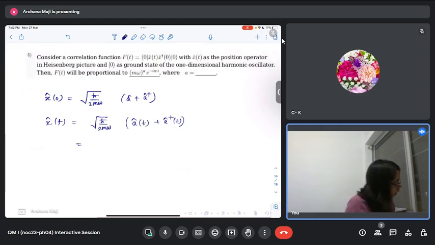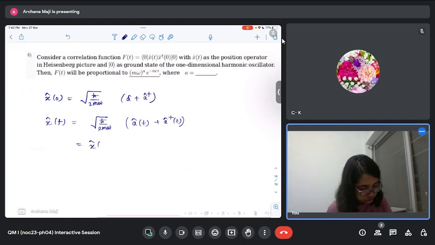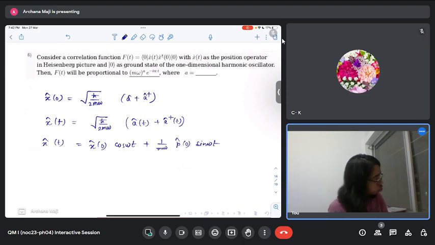If you replace that a and a dagger, we obtained x0 cos omega t plus 1 over m omega p0 sin omega t. So this was x of t. Go back and check if you don't remember. p of t is p0 cos omega t minus m omega x0 sin omega t.